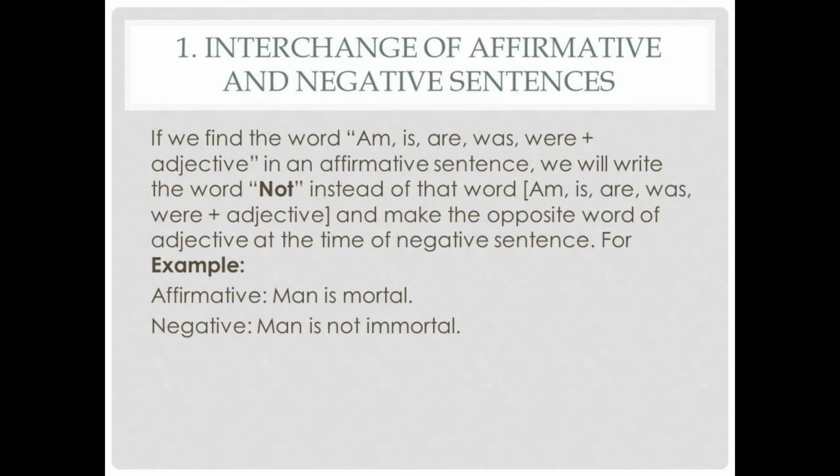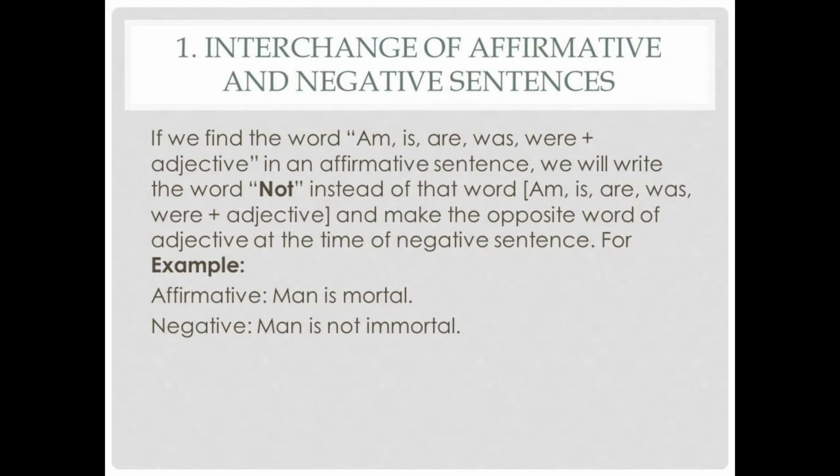We will write the word not after that word, and make the opposite word of the adjective at the time of the negative sentence. So my dear students, affirmative and negative transformation can be done by removing or adding negative words and replacing adjectives or adverbs with their opposites.